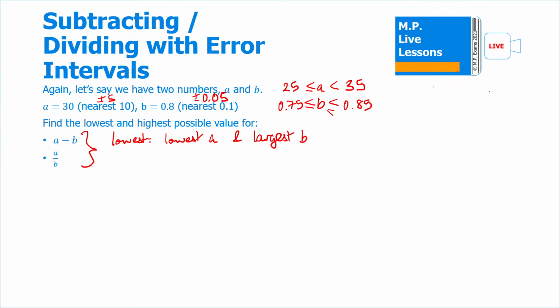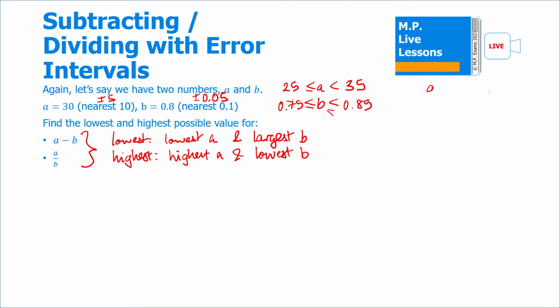And if you're subtracting, you'll be subtracting by a larger number, which will get you a lower value. Whereas the highest, it's your highest value for A, and then your lowest value for B.